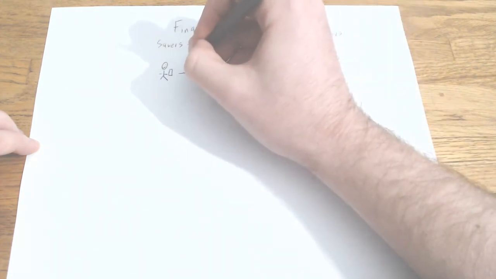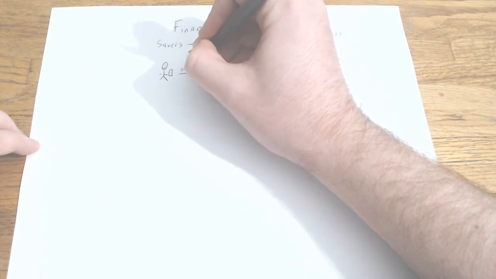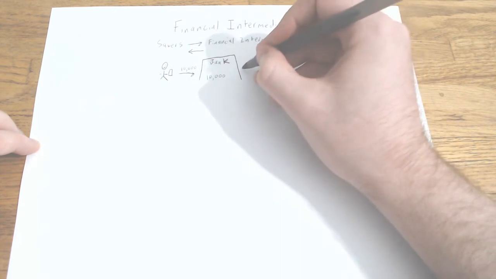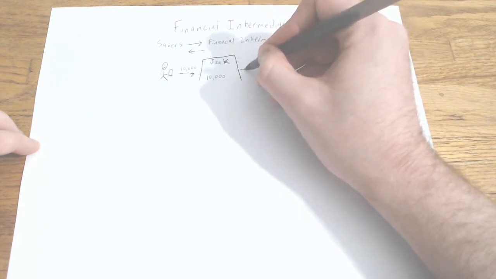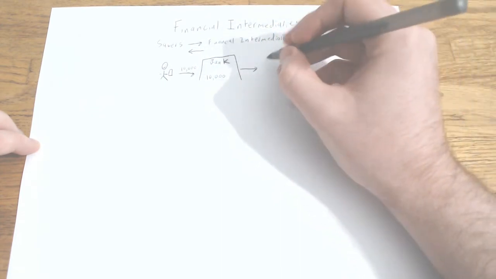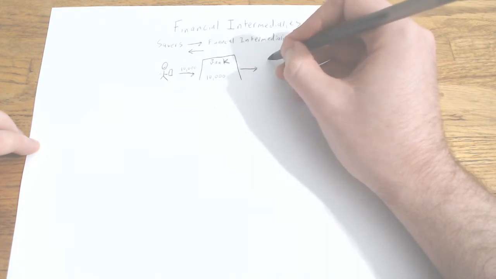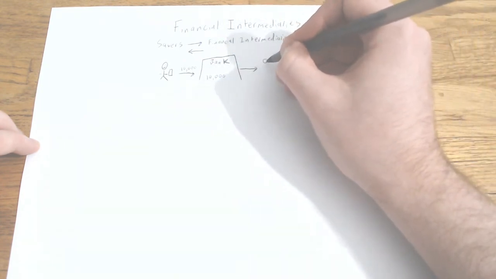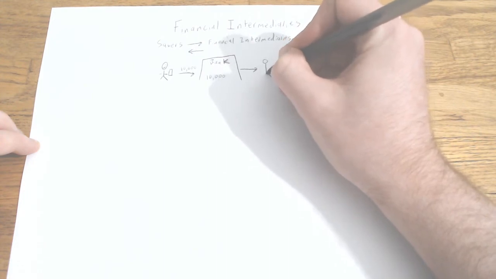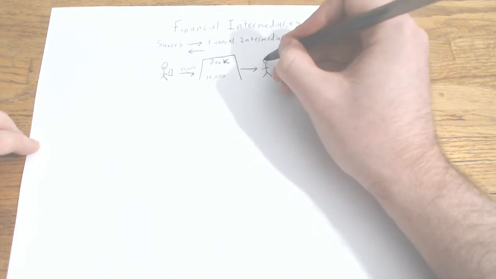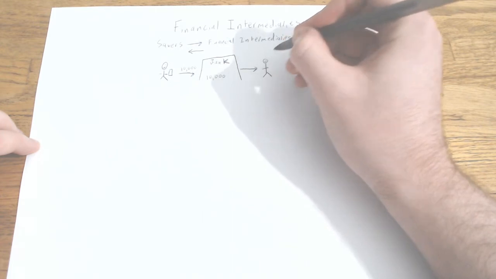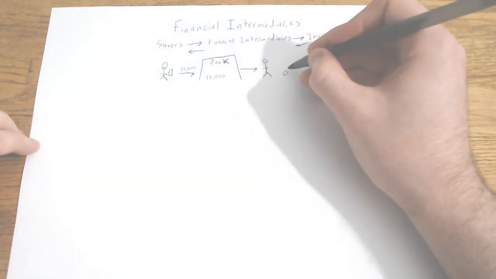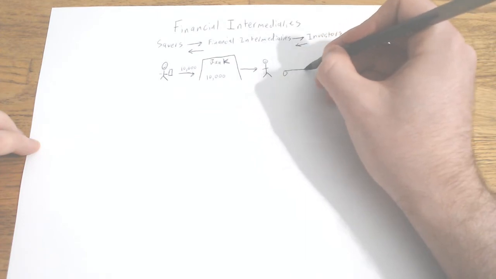So from this arrow, it's 10,000. The bank takes this 10,000 and gives it to a borrower or another firm, an investor, maybe somebody who wants to buy a house or a car. In this particular example, he's going to buy a car that is $10,000.